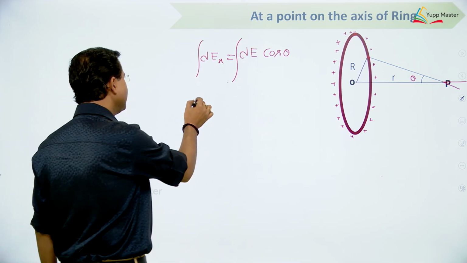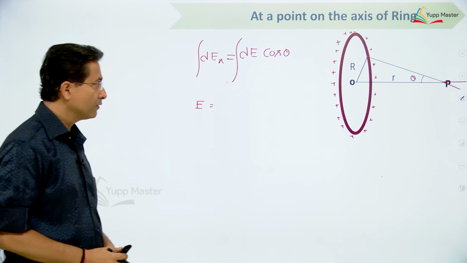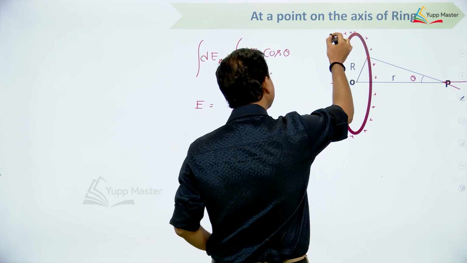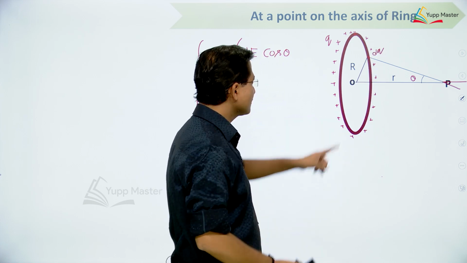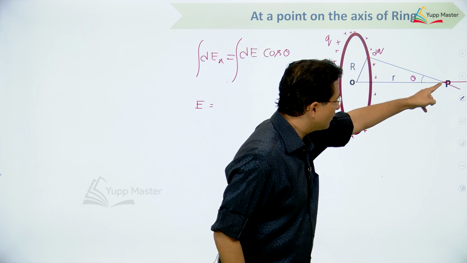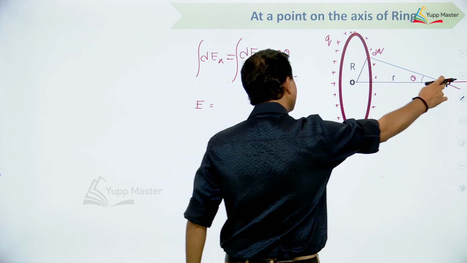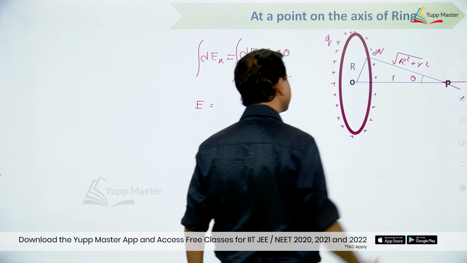So here this is Ex. Look at this term. If I have taken a small charge dq here, let the total charge be q, and I have taken a small charge dq. So because of this dq charge at this particular point, if this is capital R and this is small r, this separation will be under root capital R square plus small r square, right.